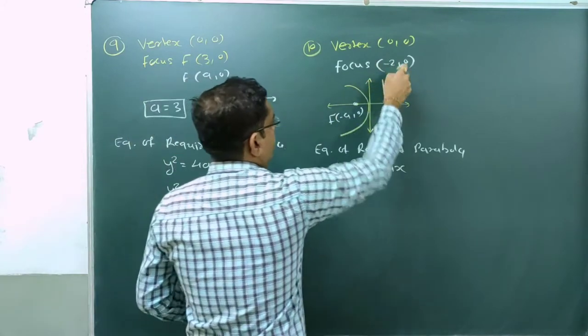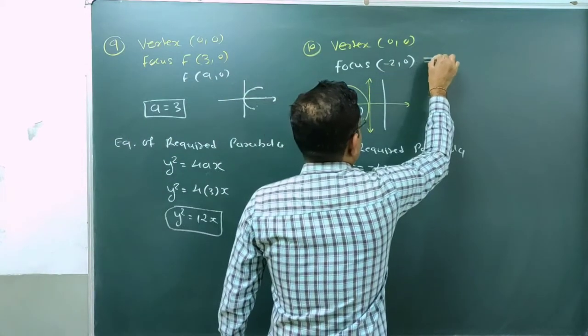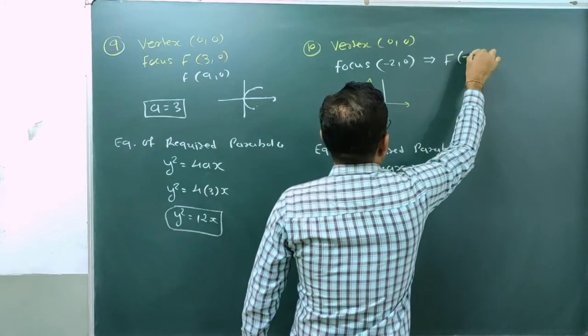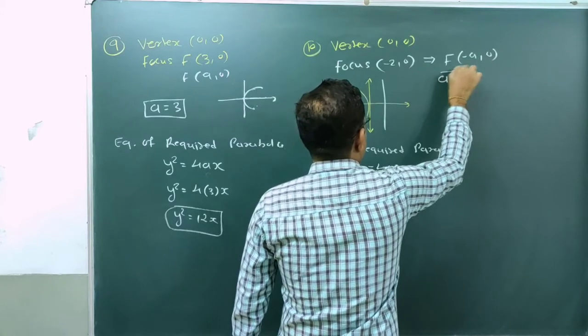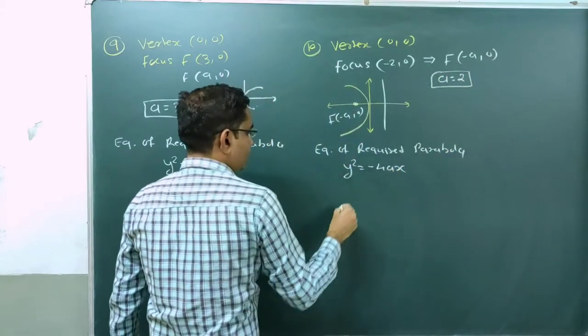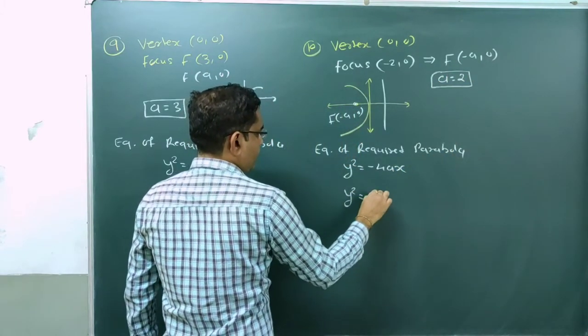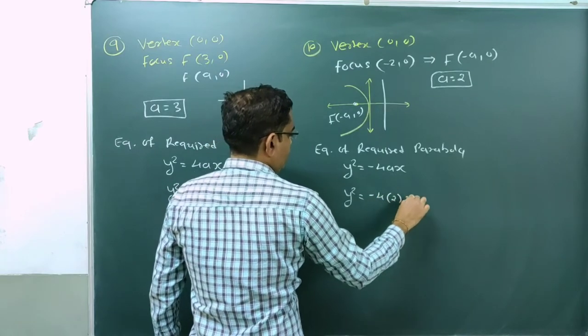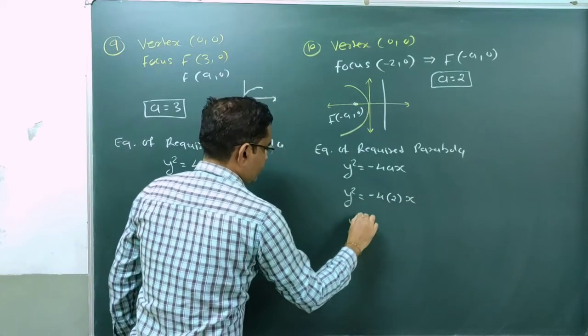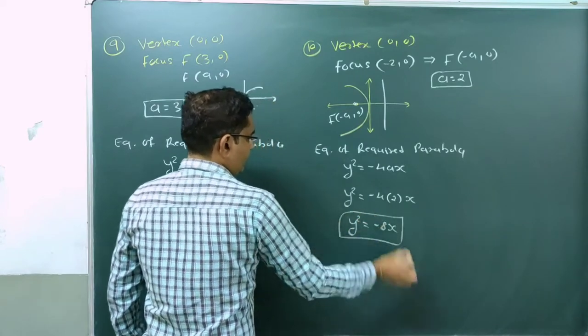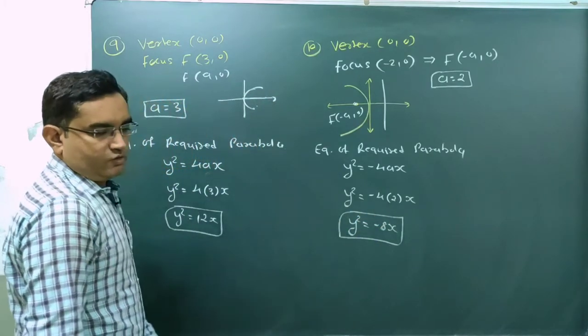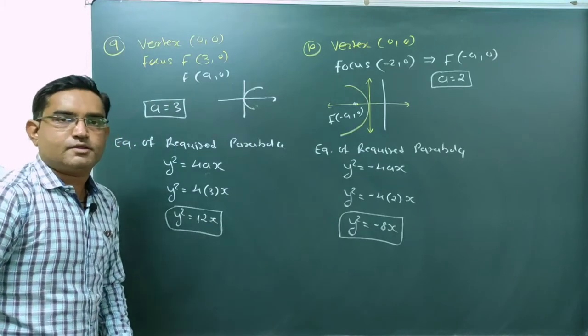So compare this one with (-a, 0), so we are getting a equal to 2. Put a equal to 2 over here, so it's y square equal to minus 4, a is 2 and x, so it's y square equal to minus 8x. Y square equal to minus 8x is the equation of required parabola. Clear, friends?